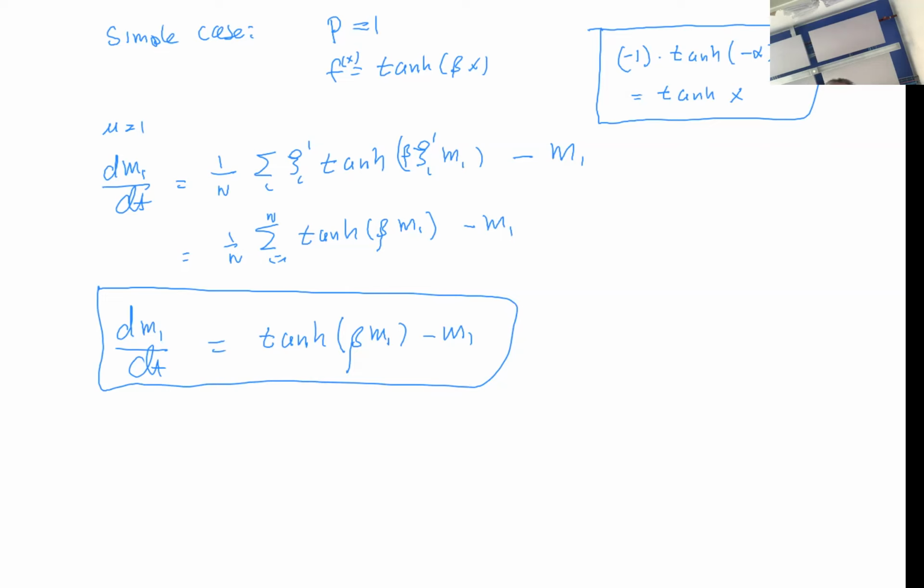And so on this axis, we have the M1. So this is 0. And this is tangent. Now beta really matters.